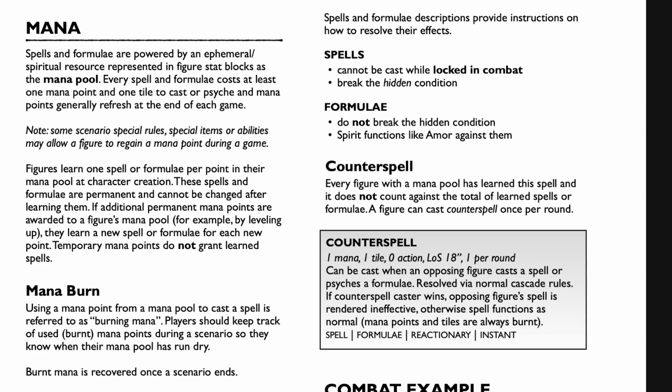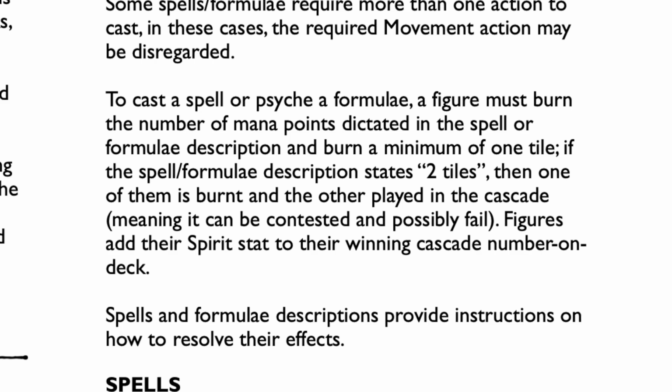Now, the exception to this rule is Counterspell. Any figure who has a mana pool automatically knows Counterspell, and it doesn't count against the number of spells you get to learn. And Counterspell can be fired off the moment an enemy figure casts a spell, within some line of sight and distance rules. Now, of course, it's going to cost tiles and mana points to cast Counterspell.